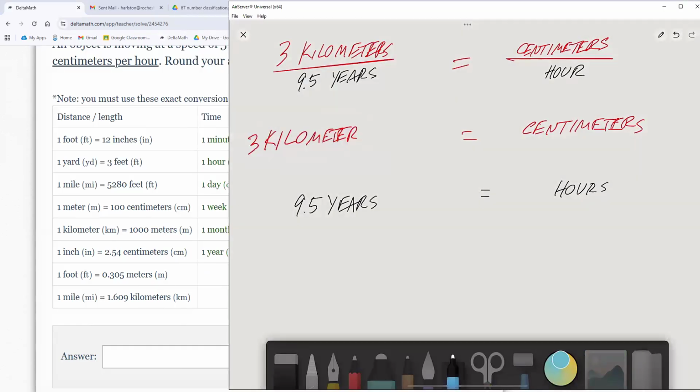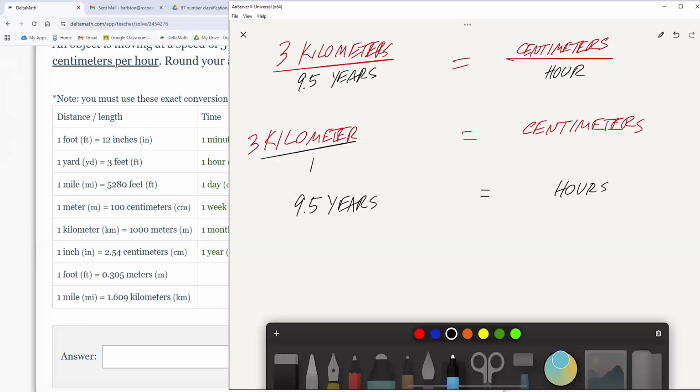I'm going to make this over 1. 1 kilometer has 1,000 meters, and 1 meter has 100 centimeters.